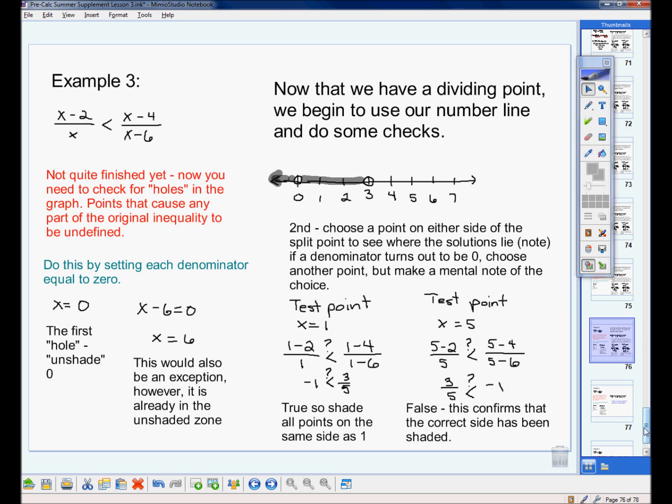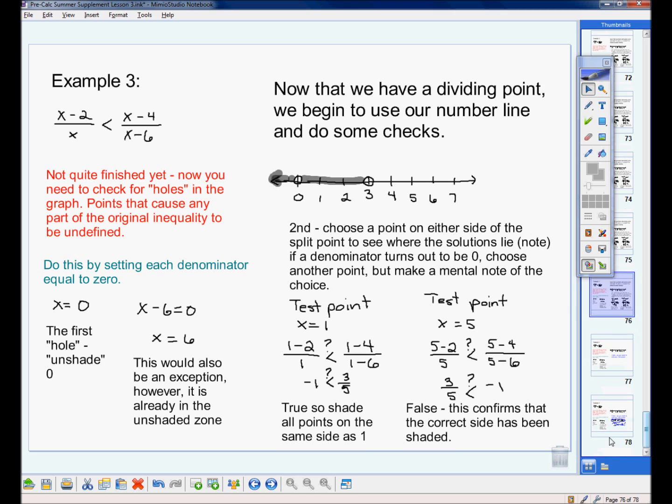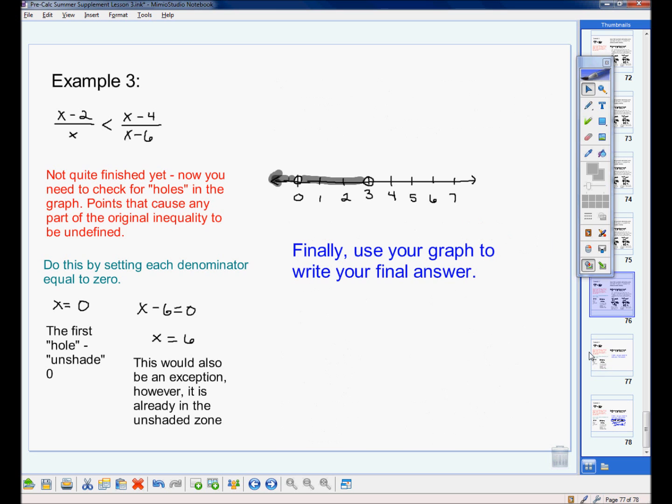So finally, in order to come around to the actual answer to the problem, you look at the graph you made. After you've gone through, you've tested points, you've looked for exceptions, and then you write what this is telling you. Okay, so we'll clear out all this.